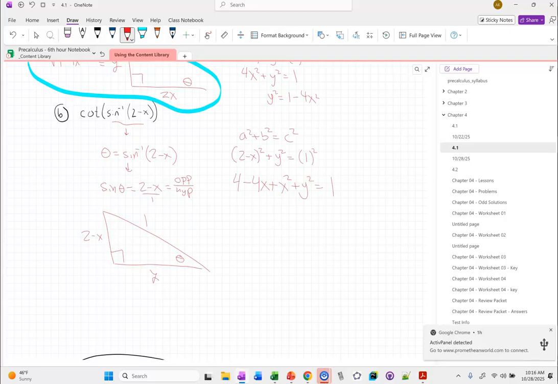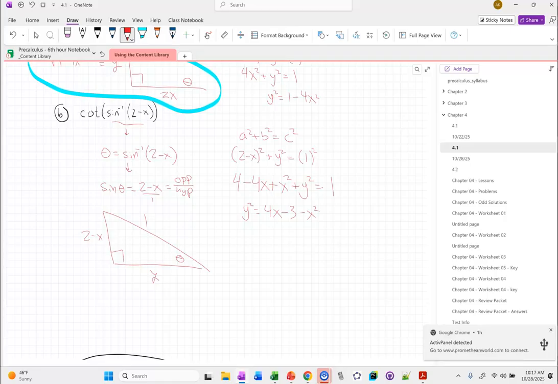Now all I'm going to do is get the y by itself. So I'm going to subtract over the 4, add over the 4x, and subtract over the x squared. And now that's y squared by itself, but what do I really want?